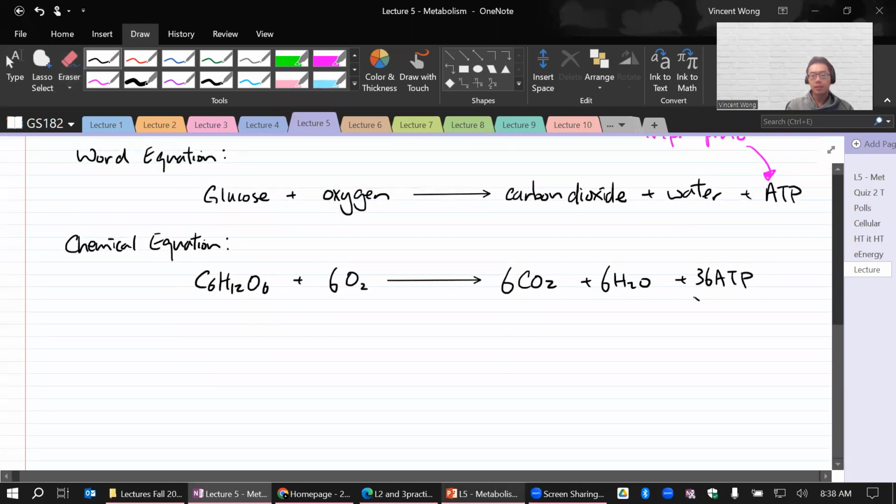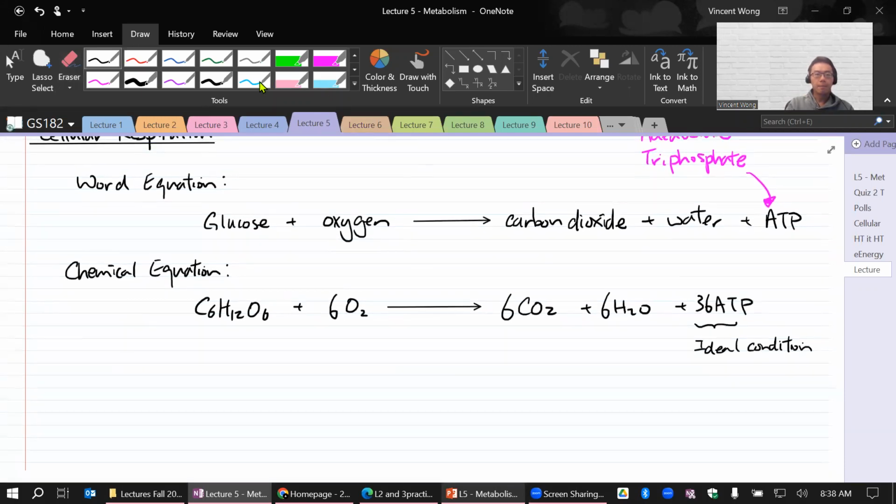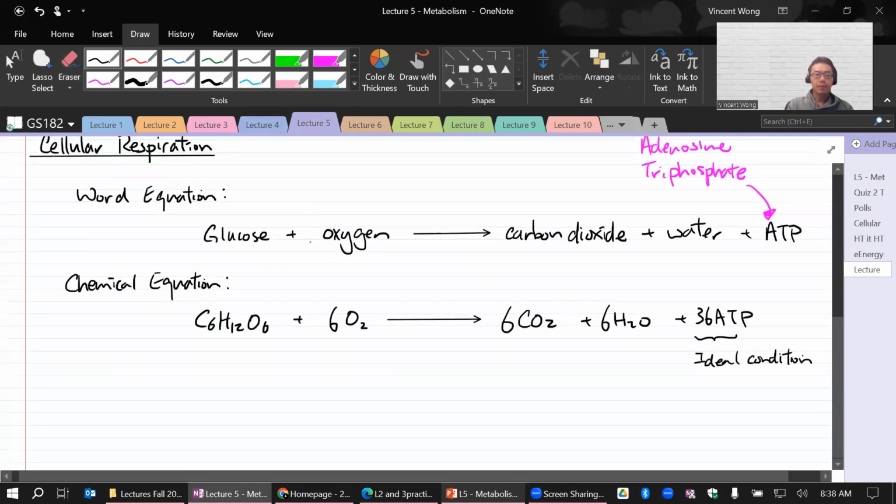Okay, so this is under ideal conditions. Right? You might not get 36. Right? The most you can get is 36. Okay. Now, cellular respiration is what we call a redox reaction.